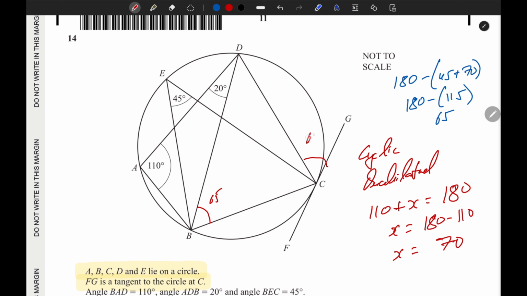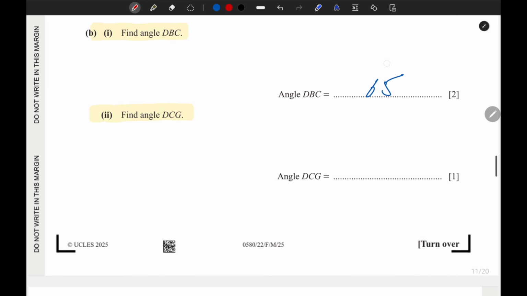So this is also 65 because this is known as the alternate segment theorem. By the alternate segment theorem, you see this is the chord and this is the tangent. So segment means, now this one is the alternate segment. The angle formed by this chord is equal to 65. This is also 65. So by the alternate segment theorem, this angle is also equal to 65.